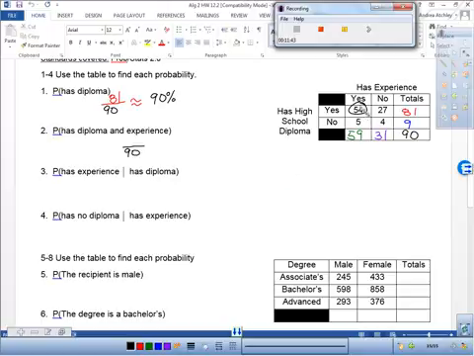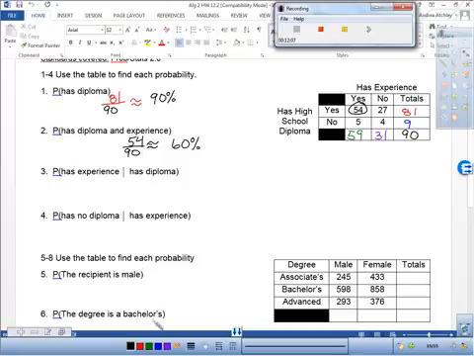Yes, high school diploma, and yes, experience. So 54. And what was that percentage? 60%. Any questions over that?